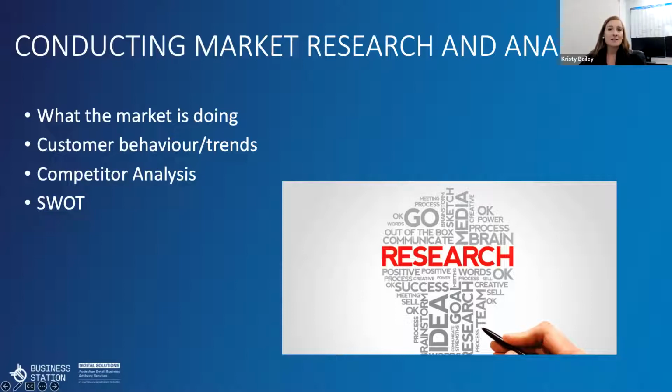Other industry specific research areas may exist, but otherwise there's a pretty significant amount of information available through a database of research information called IBISWorld. Now that is not always available online, but you can access it through different small business organizations, like SBDC, for example. So have a look at that, because they do have a lot of industry and topic specific market research. I found a lot of good documents in there.